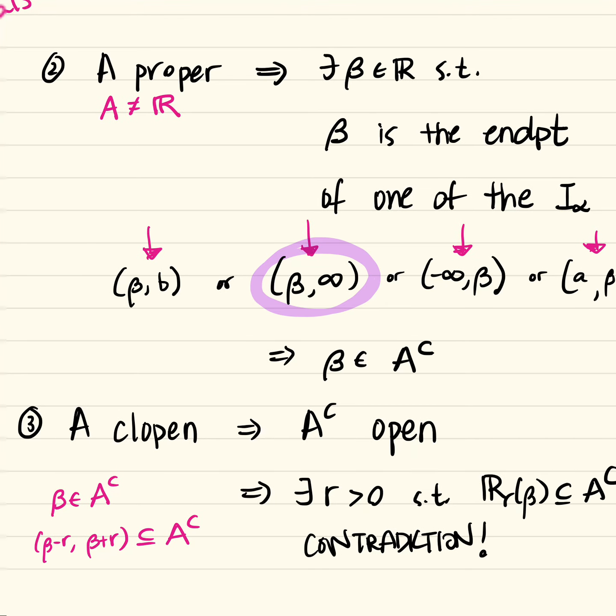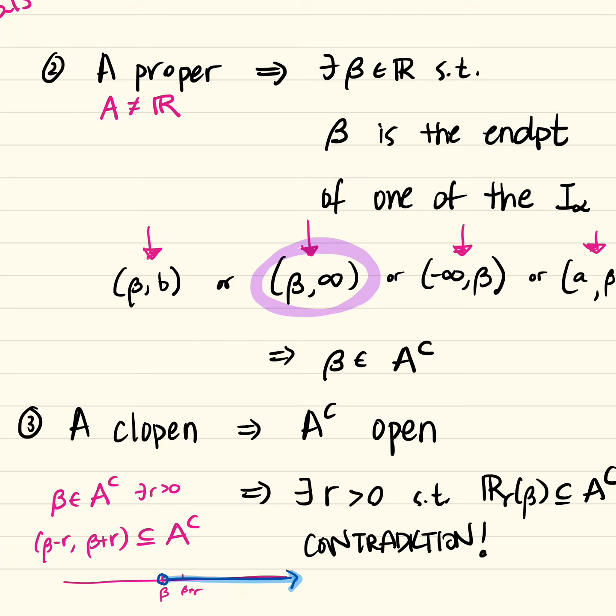But that's impossible, because for any r, the ball dips into that I alpha, which contains all the points greater than beta.